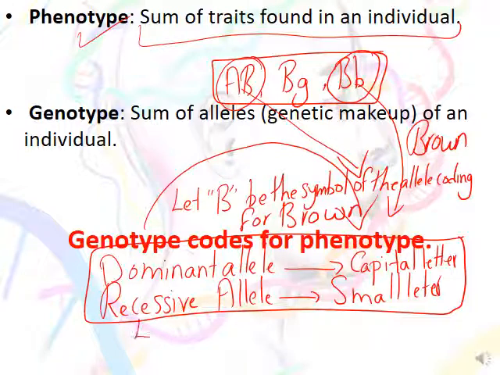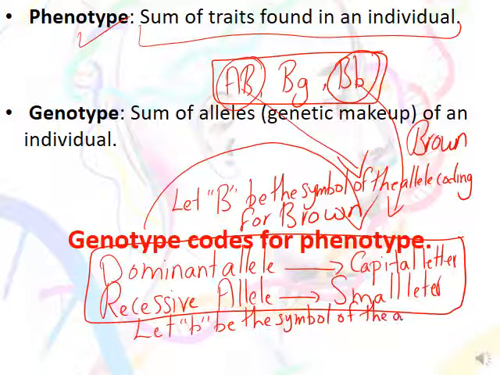Let B small be the symbol, not the symbol of the blue color, but the symbol of the allele. So you have to pay attention to this symbol of the allele coding for the blue color.